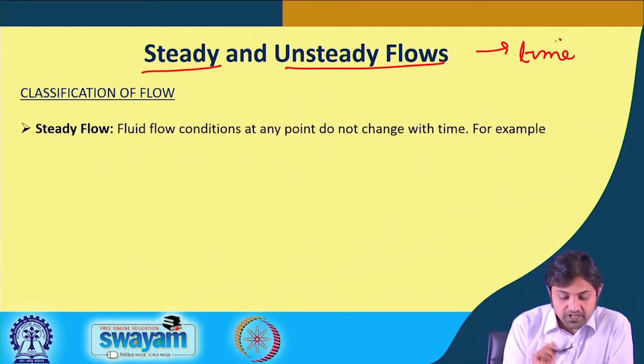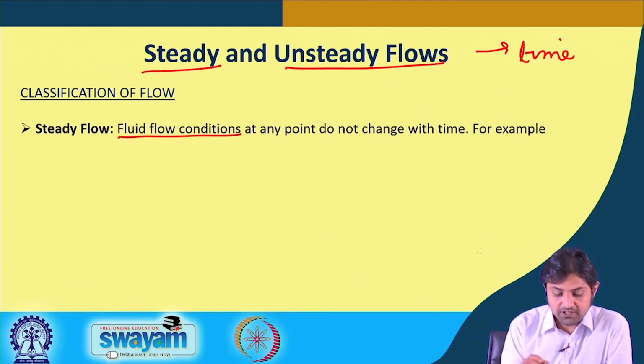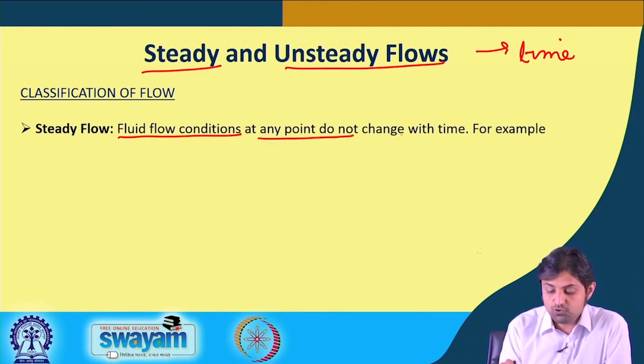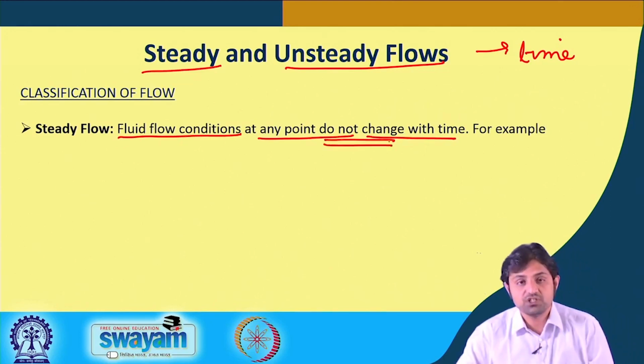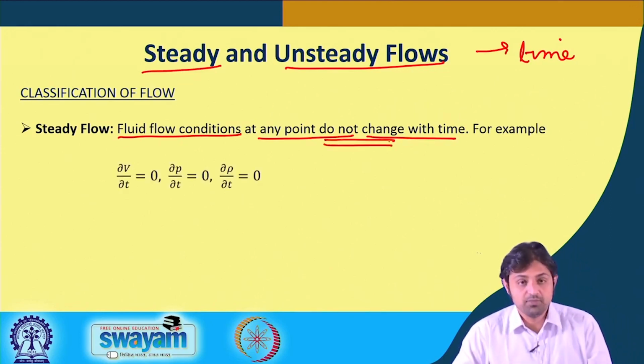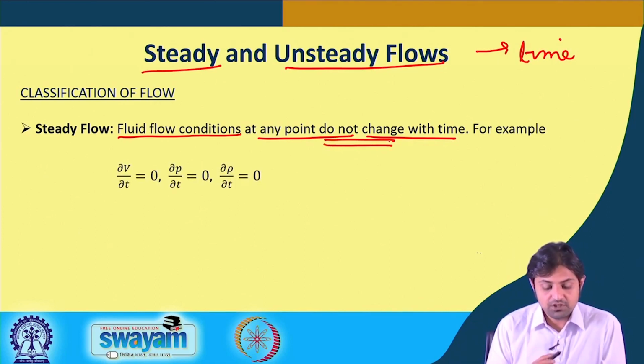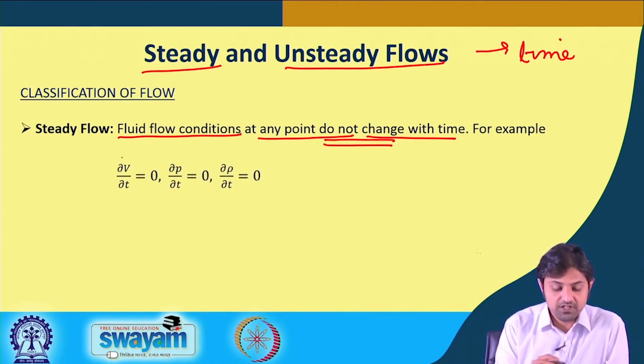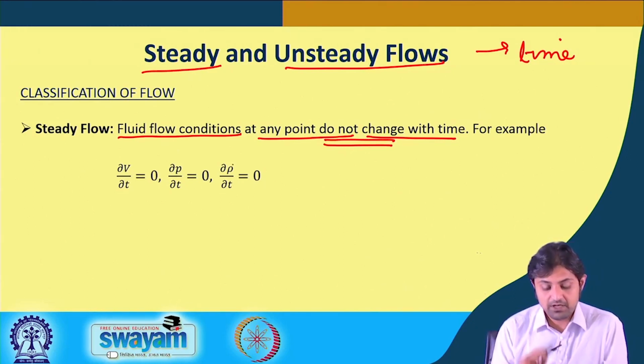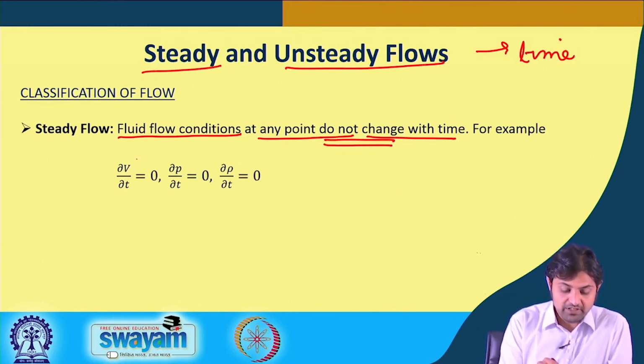In steady flow, the fluid flow conditions at any point do not change with time. This is very important: they do not change with time. For example, if velocity is v, pressure is p and density is rho, the derivative with respect to time is going to be 0.